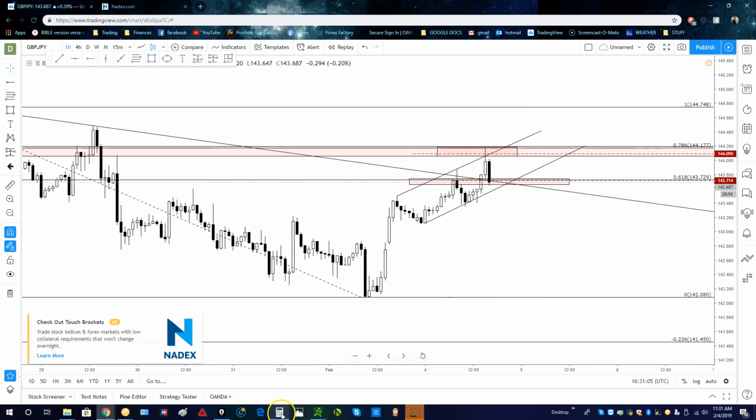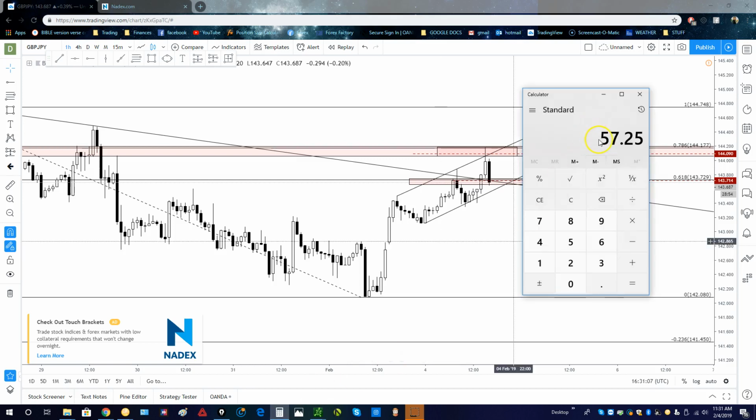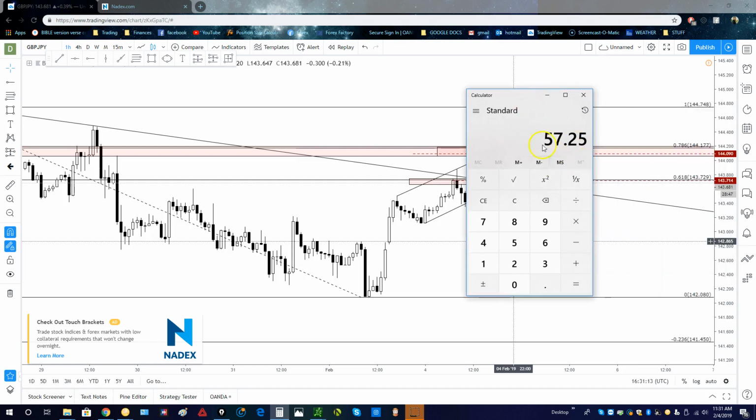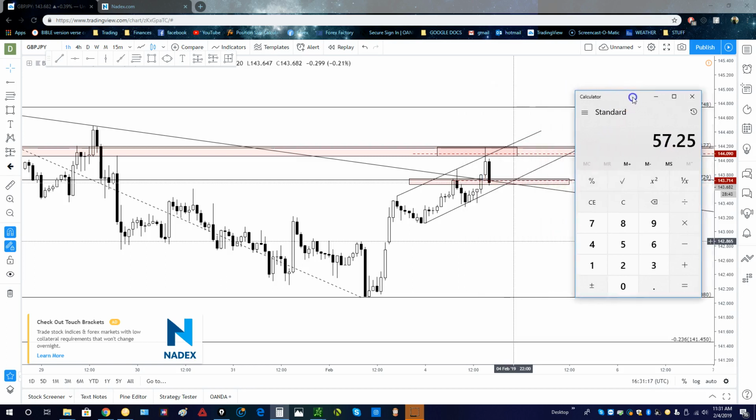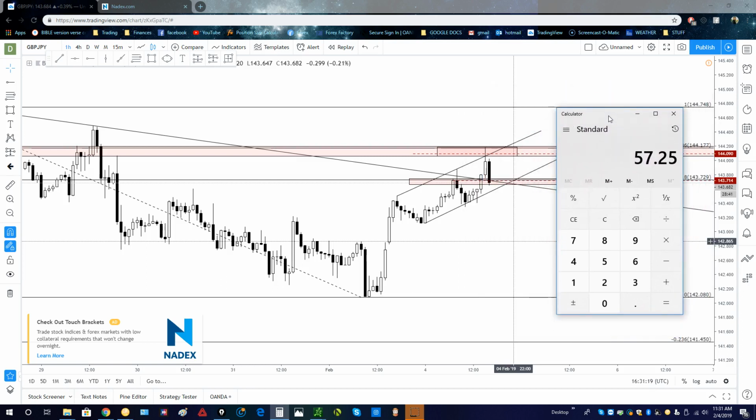Now again, remember, I paid or I risked $57.25. That was just essentially my buying power. I wasn't going to let this go all the way to expiration for a full loss. Like I said, I looked to exit for 75 to 80, 90% of what I'm potentially looking to grab.